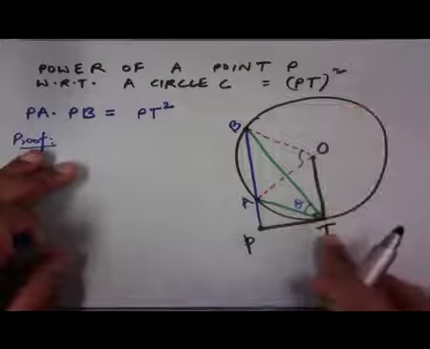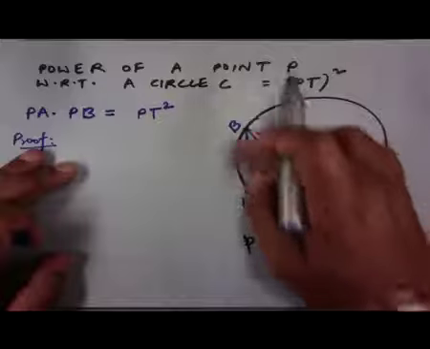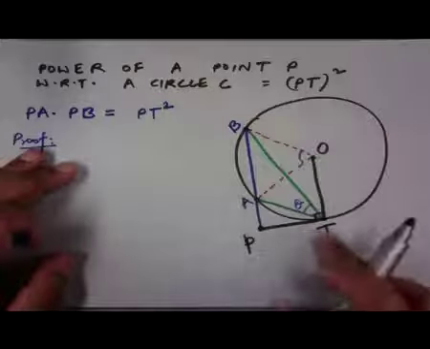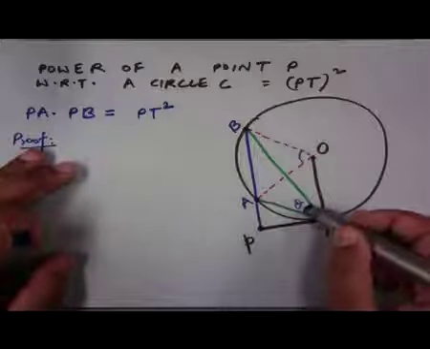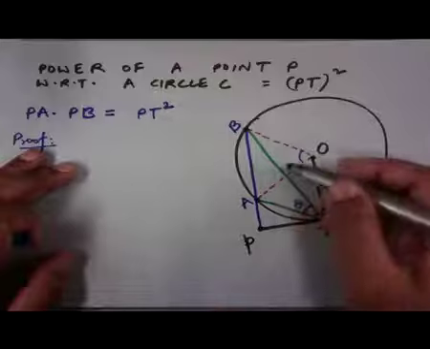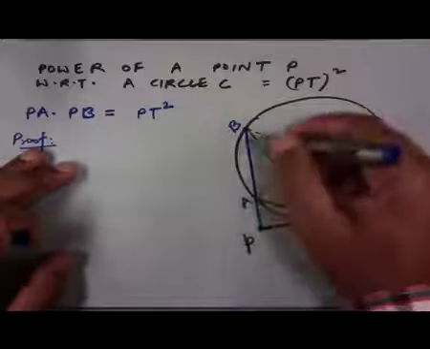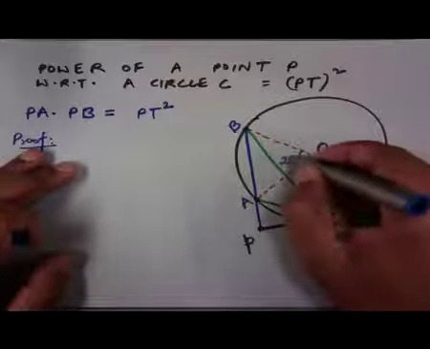So, if we take this point T, then the angle subtended by this arc AB at this point T on the circumference is theta, and therefore, the angle subtended by the same arc at the center is going to be 2 theta.